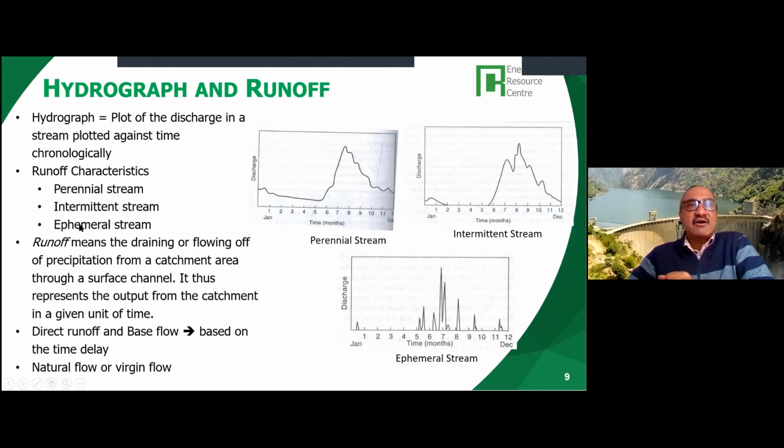And by runoff, as I mentioned, whatever precipitation falls in the catchment and comes into the river is the runoff. And basically, there are two types of runoff. One is direct runoff and the other is base flow. As I mentioned, base flow is based on groundwater storage, which is coming back to the river.